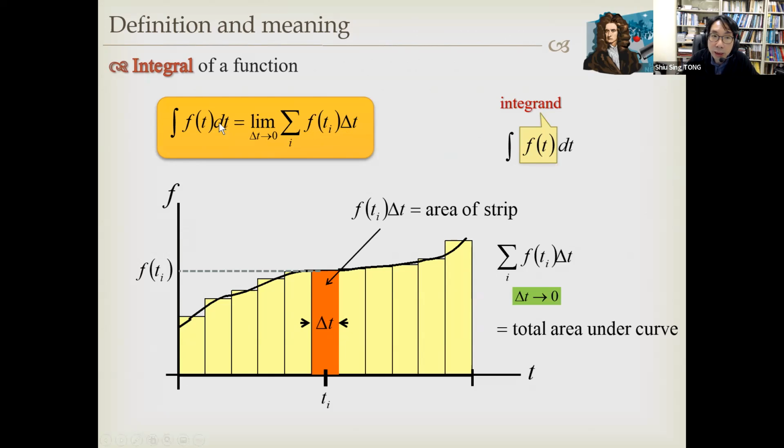Now we use this symbol to denote integration. Inside the integral, we have a function to be integrated, and that's normally called the integrand. The t is a dummy variable. You can use whatever variable you like in the integration. It doesn't matter. You can call it t, you can call it s. It's a dummy variable.